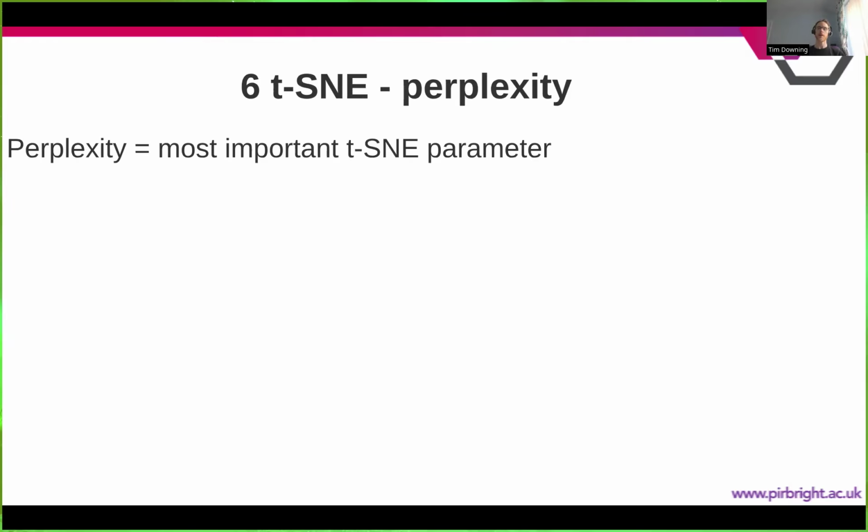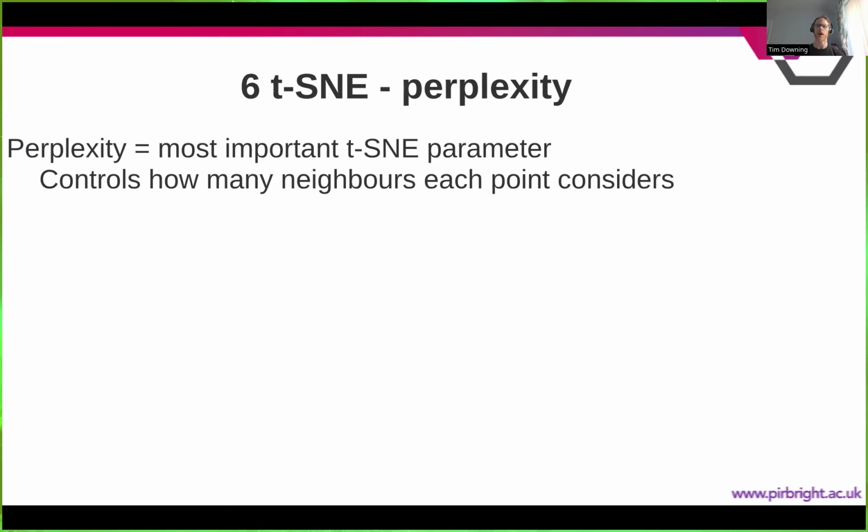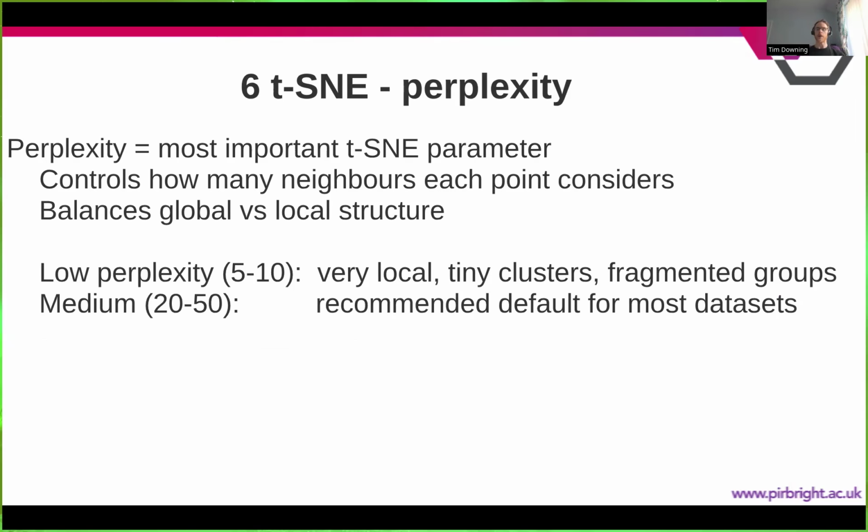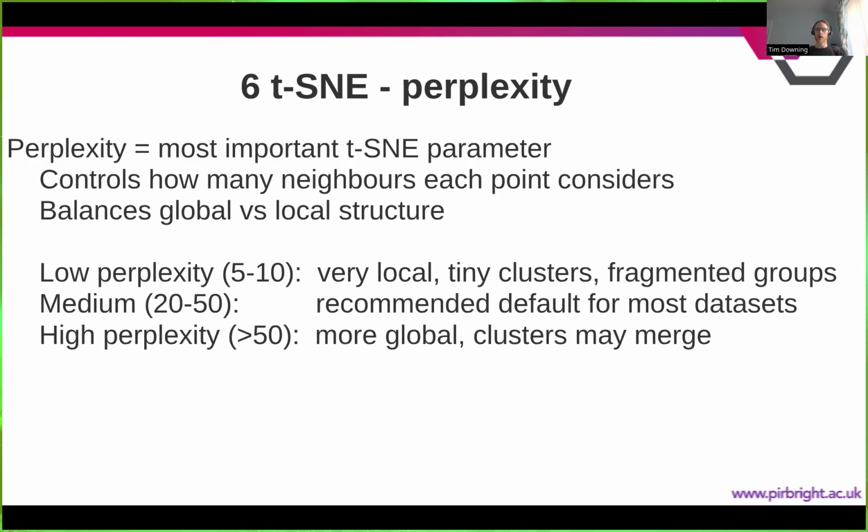In terms of perplexity, this is the most important parameter, and it affects how many neighbors each point is considered as a potential neighbor. This is the balance between local structure and global structure. Low perplexity tends to be more fragmented. Medium perplexity tends to be optimal for any new analysis, whereas high perplexity looks at more global structure and may force clusters to merge together.